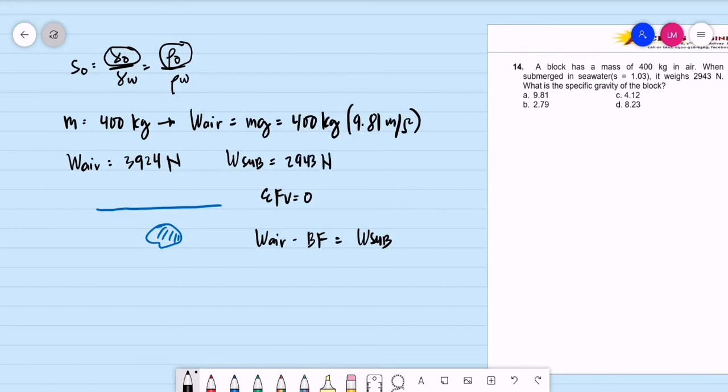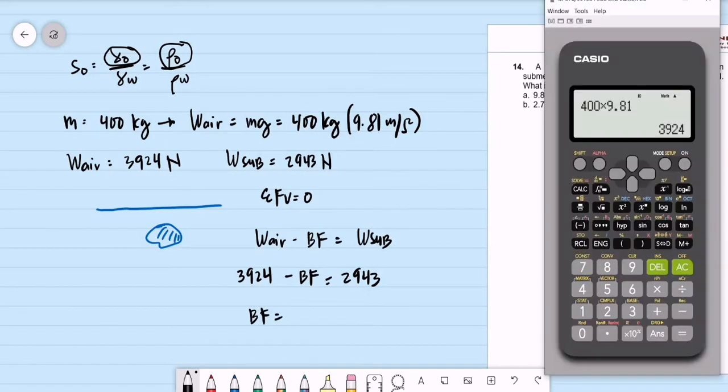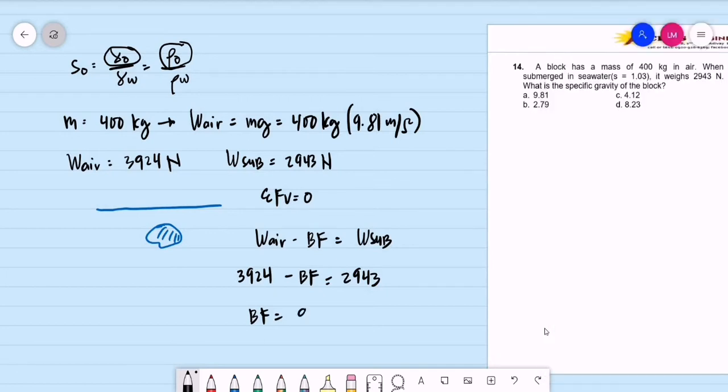So what is the value of the weight in air? We have 3,924 minus the buoyant force is now equal to 2,943. We can have the value of the buoyant force. So we have 3,924 minus 2,943. We have that as 981.